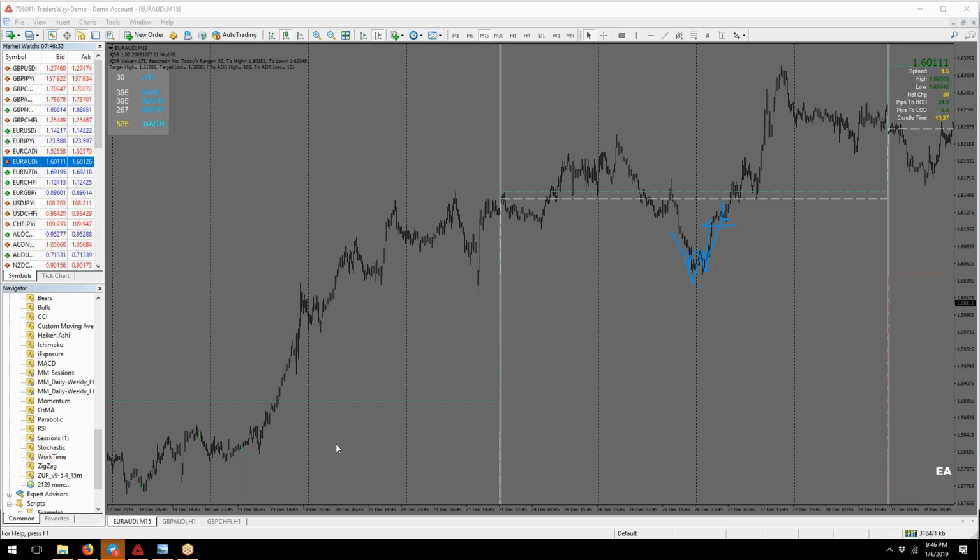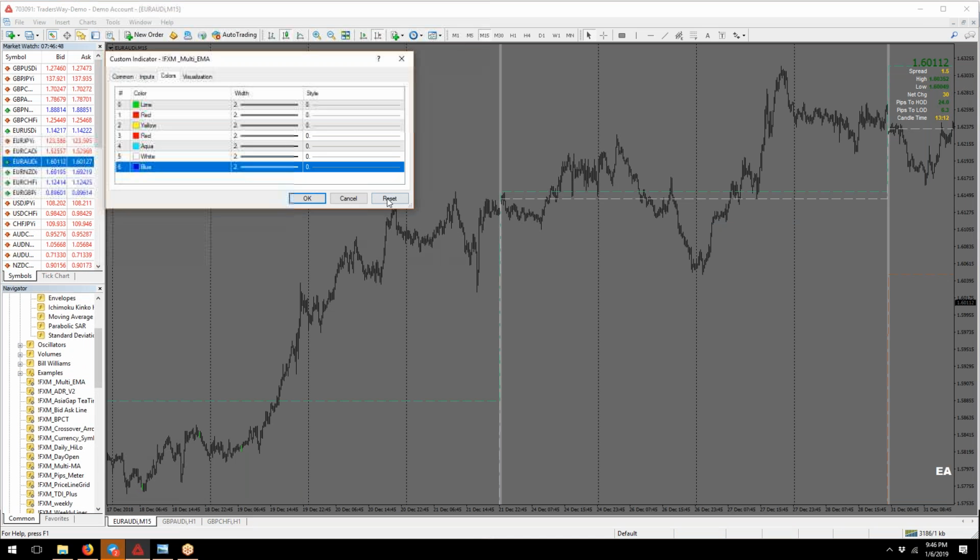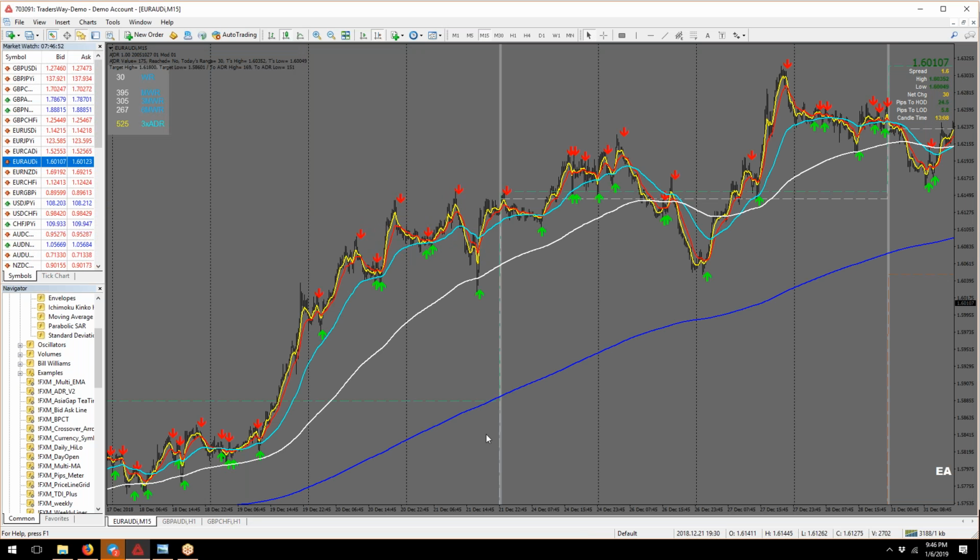If I bring in my moving averages, it's probably a 50 bounce somewhere in there. Let me bring them in here. See, like science.